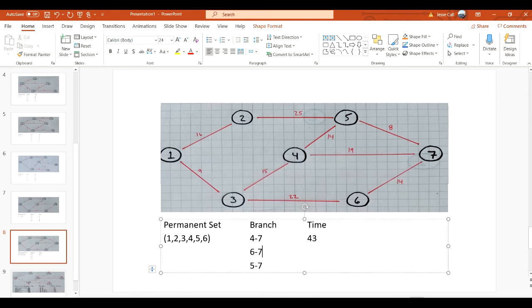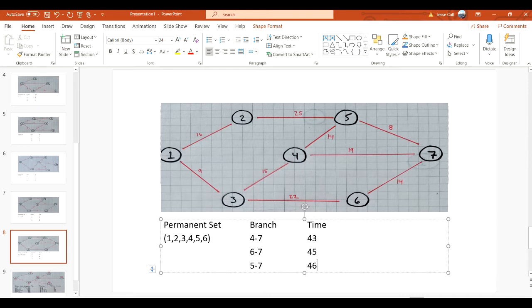Okay, so 6, 7 is right here. If we check 6, 7, it is 1, 3, 6, 7, and that's 45 minutes. And 5, 7 is 1, 3, 4, 5, 7, for a total of 46 minutes.